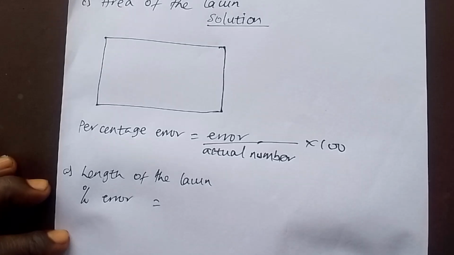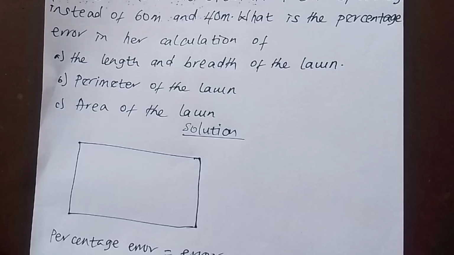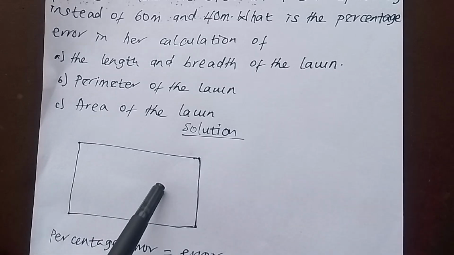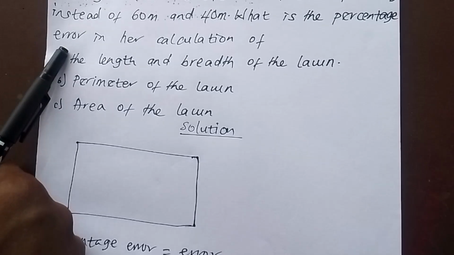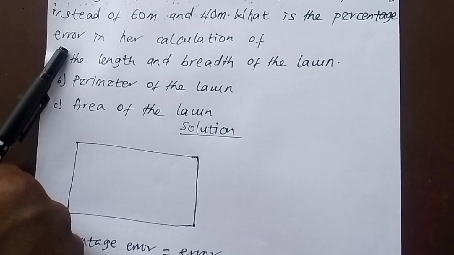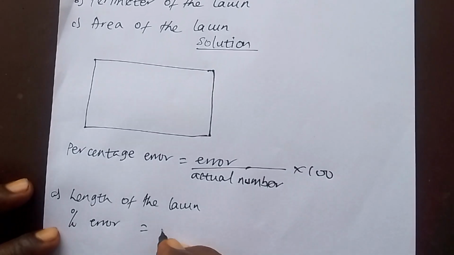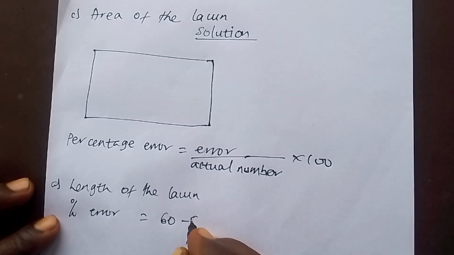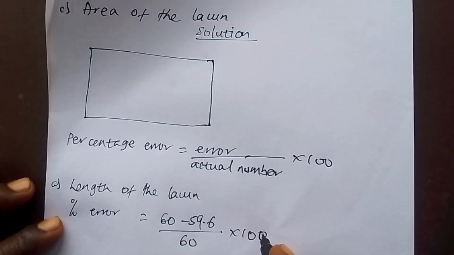But know that we don't deal with negative values, so always subtract the smaller from the bigger one. The actual one is 60, the wrong one is 59.6. So the error here is 60 minus 59.6 all over the actual of 60 multiplied by 100.